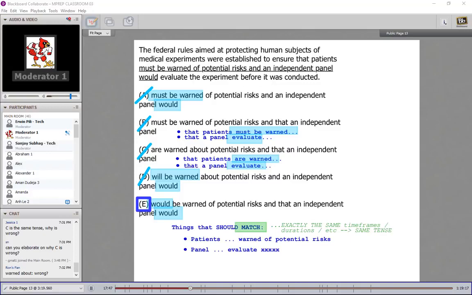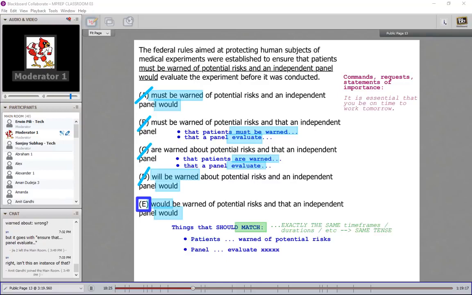The way that the second one of these works is actually the way demands and commands and requests and stuff like that work. It has a name and I can't remember what it is, but it's in our strategy guide. If you have things like commands or orders or requests or statements of importance, like it is essential that you be on time to work tomorrow, this is not the present tense.